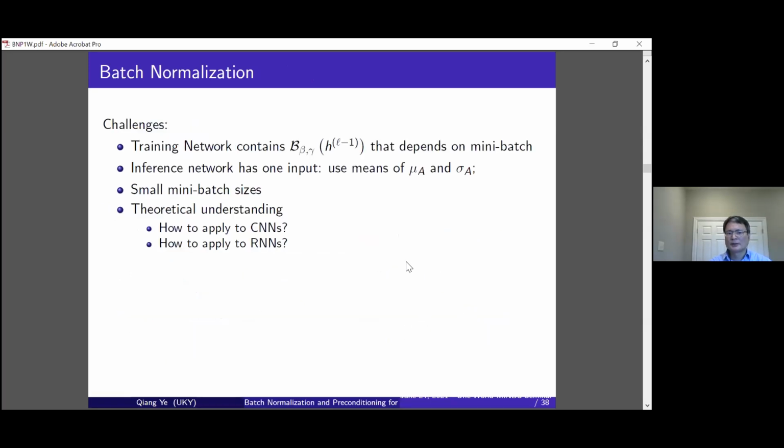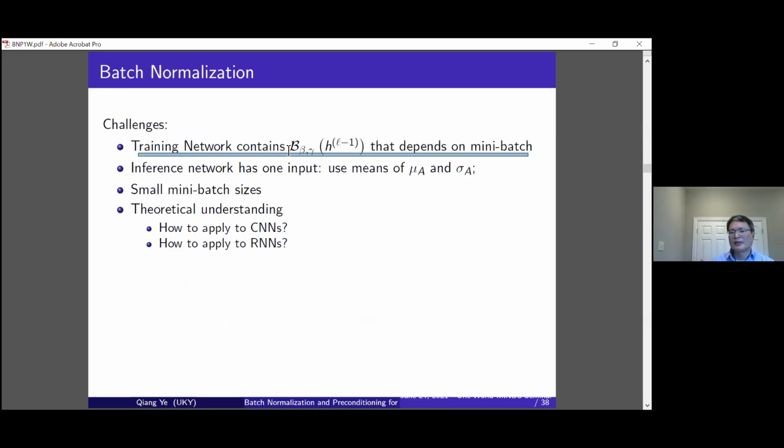So here are some challenges in the BN methods. First of all, the network that we use for training depends on the mini batch. That is because we have this operator B inserted in the network architecture.